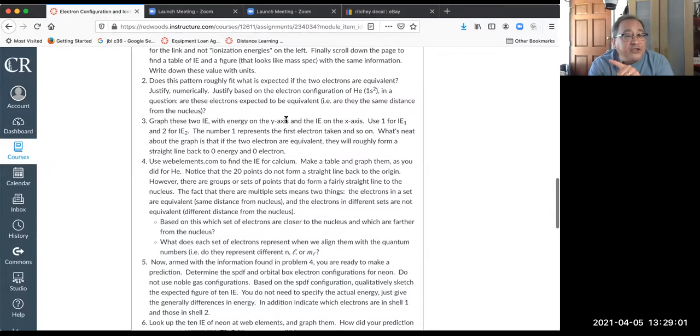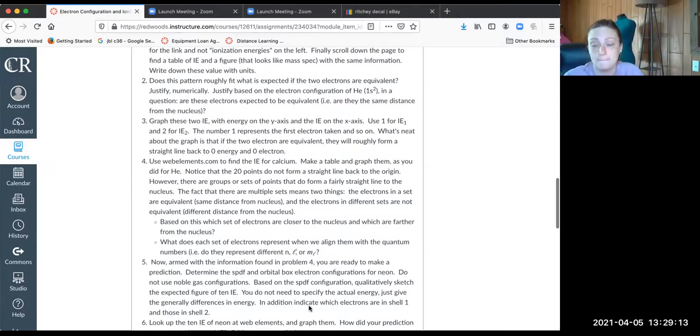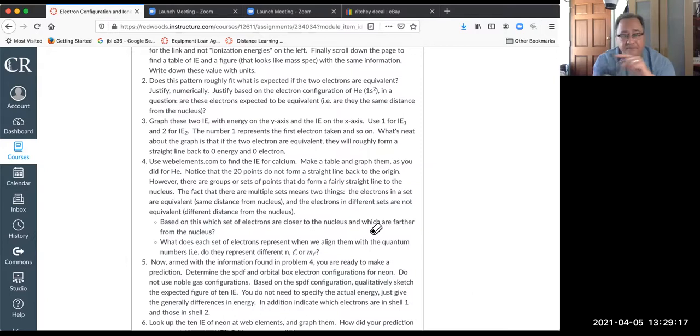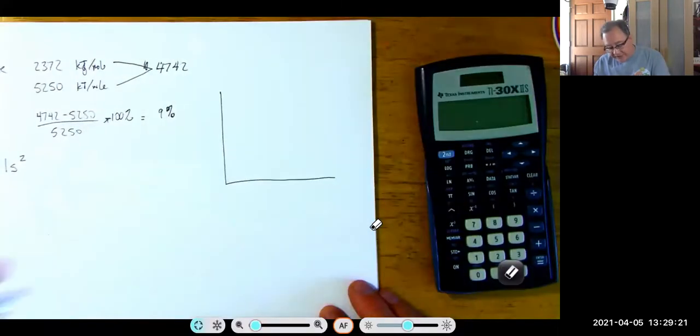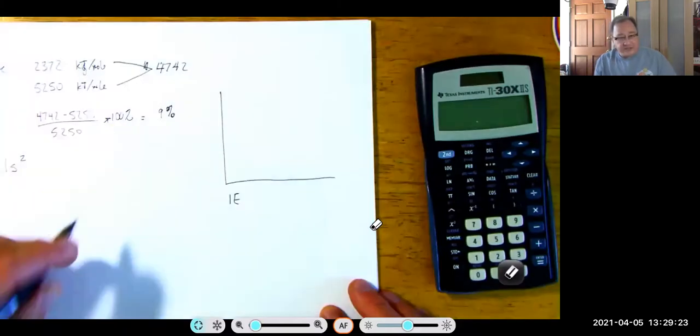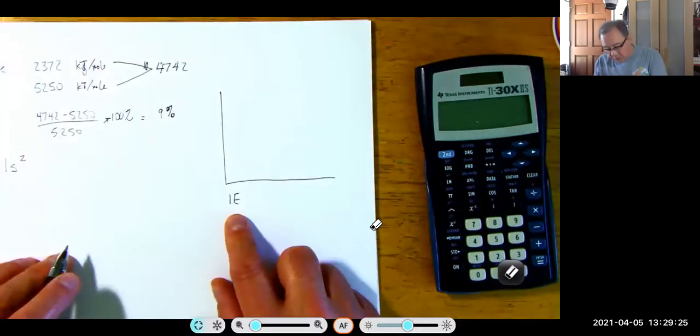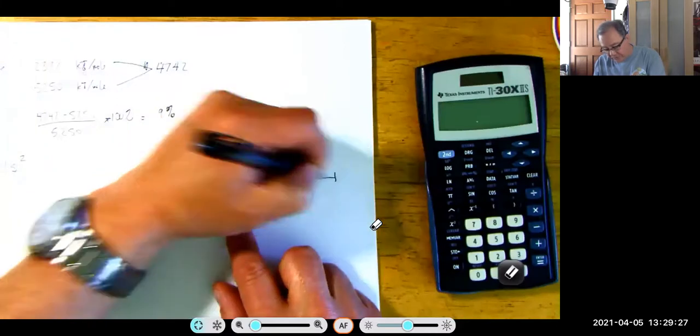Graph the energy on the y-axis and the IE on the x-axis. Use 1 for IE1 and use 2 for IE2. So let me show you what I'm looking for. This is going to be the ionization and the ionization number. So there's 1 and there's 2.